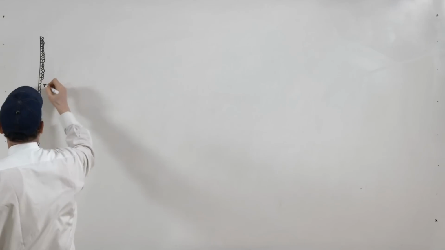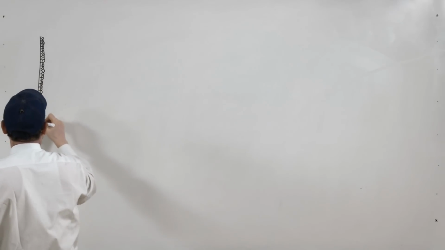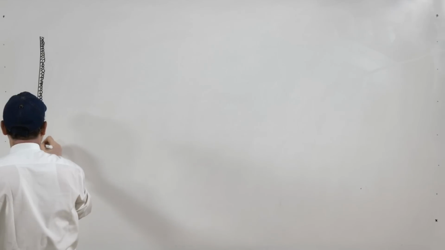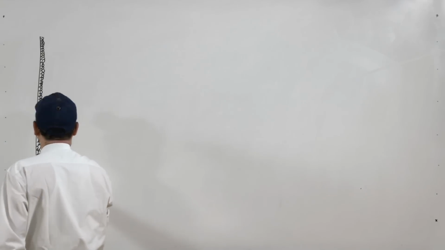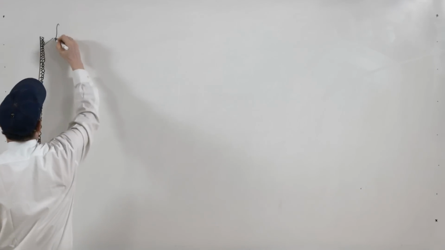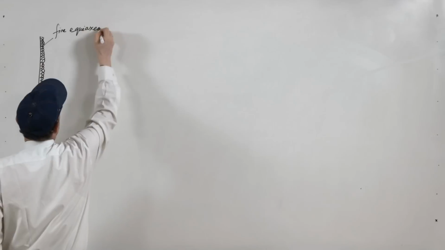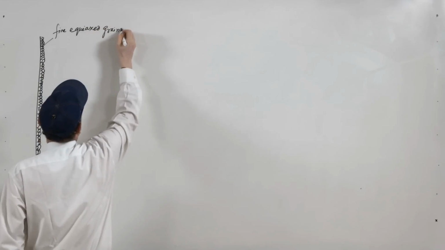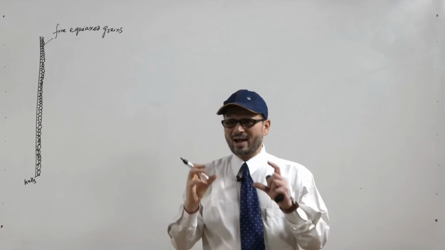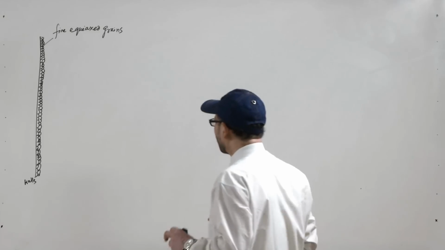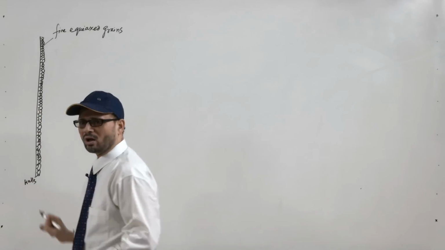These grains are known as equiaxed grains. So this is fine equiaxed grains, formed at the mold wall.